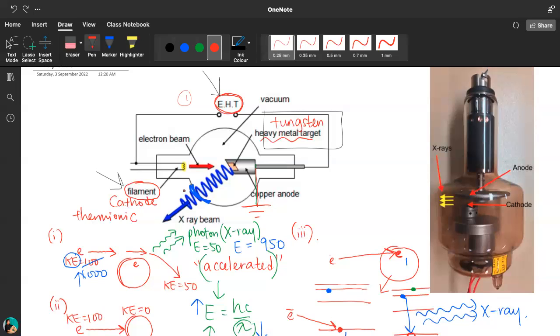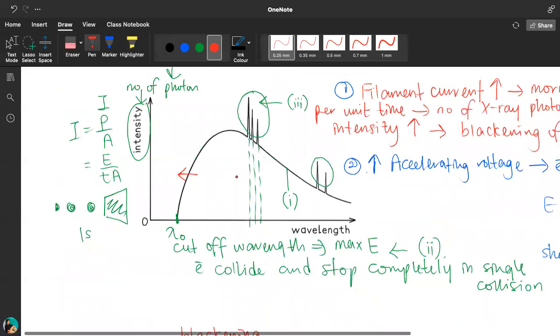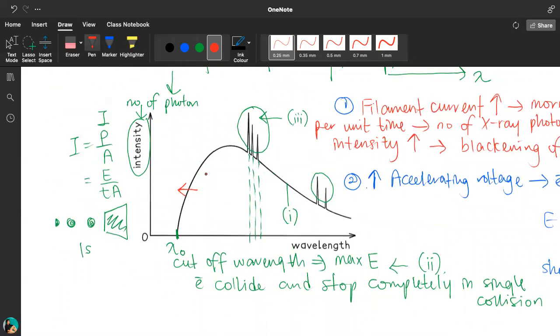If you look at the spectrum, let's say this is my spectrum of all the X-rays being released. If I put a filter, let's say I filter out over here, all the longer wavelength is absorbed by the aluminium. Then only this part, the shorter wavelength, is coming out of the tube, and this will go to the body.